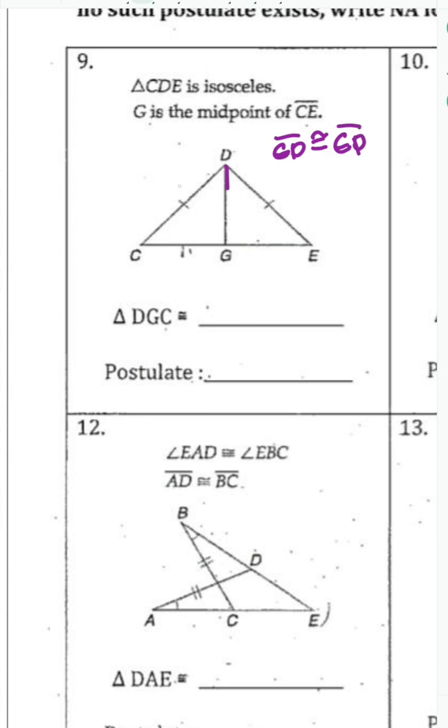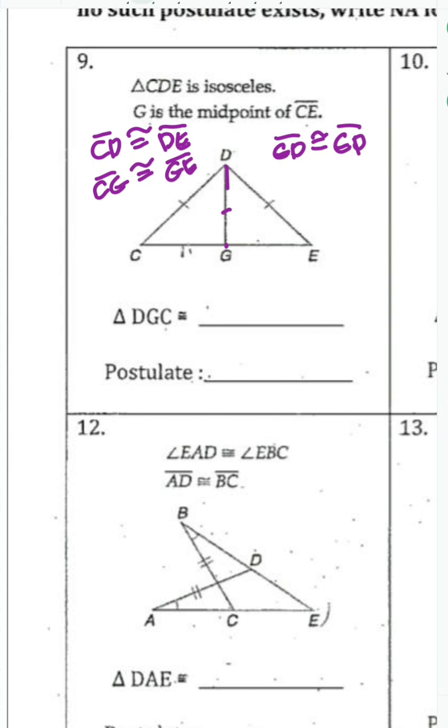And we're given that CD is already congruent to DE, right? And G is the midpoint of CE, so that means CG is congruent to GE, midpoint, definition of midpoint.